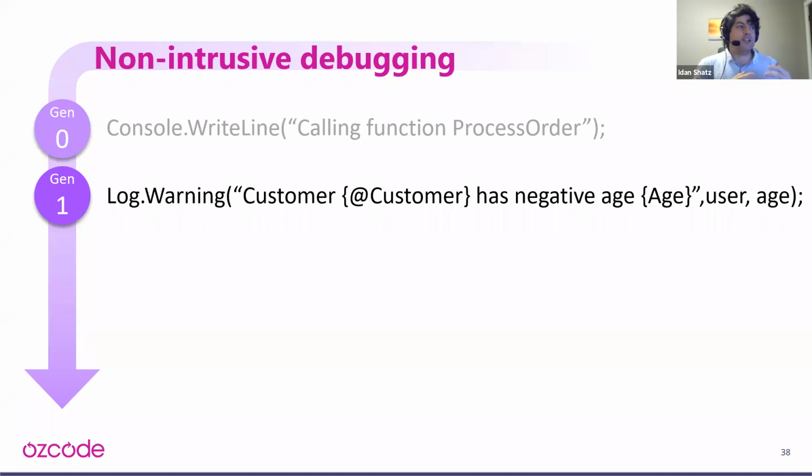And now you can search based on the age, based on the customer name and stuff like that. That really allows you to have better ideas what actually happens. And again, that goes back to non-intrusive debugging. You just log all the information that you think you need, and then go and try to read the logs and find what the issue was.